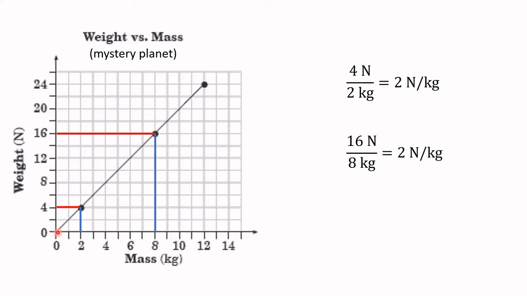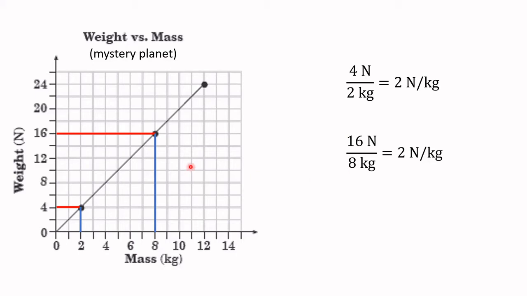Let's look at the next point. The run here is a mass of 8 kilograms, and that 8 kilograms weighs 16 newtons on this mystery planet. So if I take 16 newtons per 8 kilograms, of course I get the same number. We discover that using this second mass, we get the same value. The G field on this mystery planet has a strength of 2 newtons per kilogram.